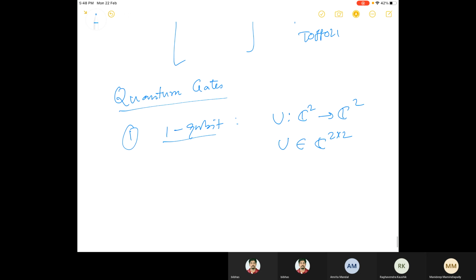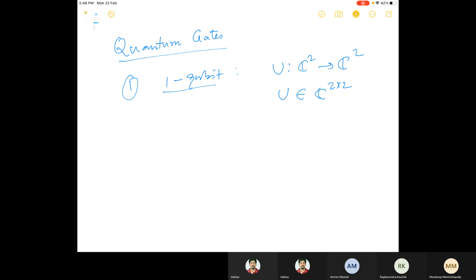Okay, and obviously the Pauli matrices are of course quantum gates. So you can say the identity matrix is a quantum gate. It does not do anything. It produces the output same as the input. There's sigma x, which is 0, 1, 1, 0.